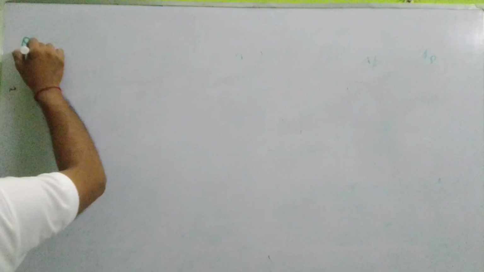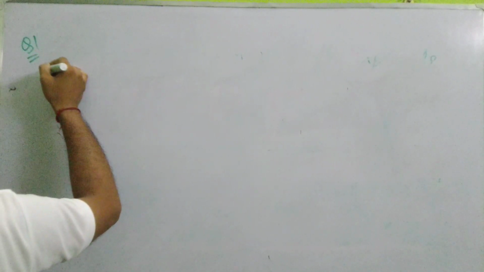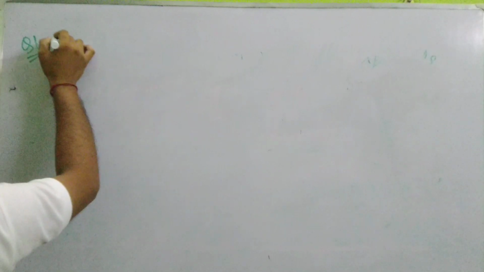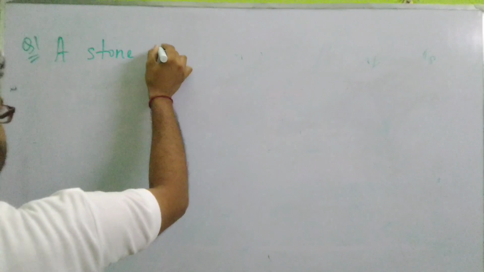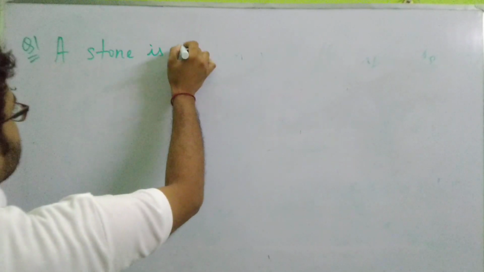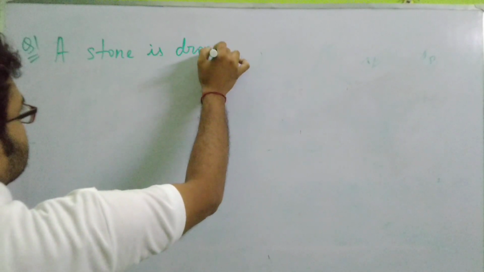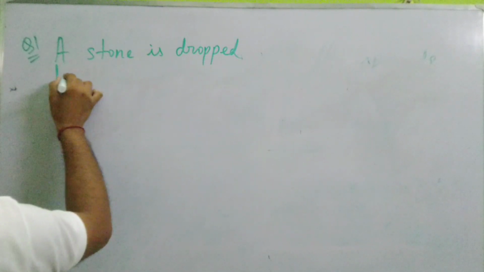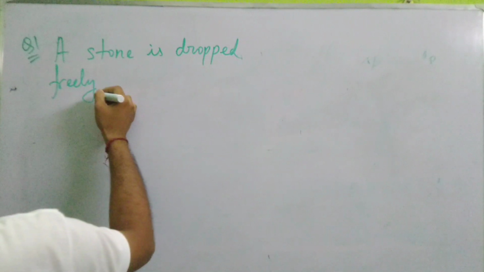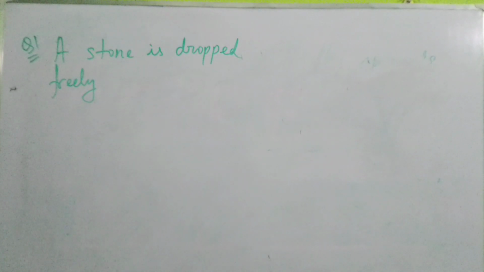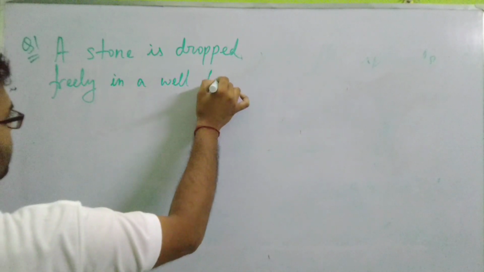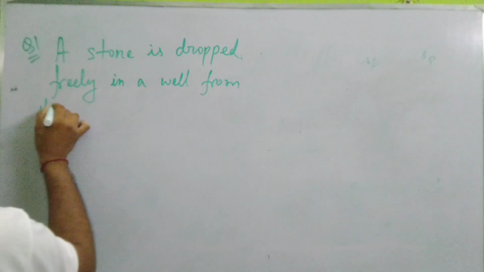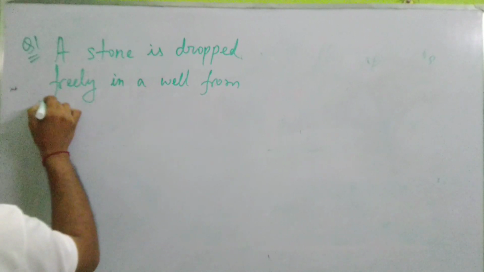What is the question saying? First of all, let us write down the question. The question says that a pebble or stone, you can also consider it a stone, is dropped freely in a well from its top.